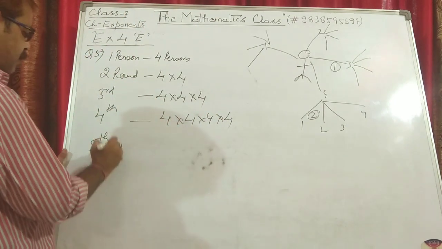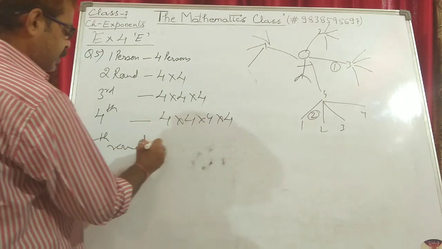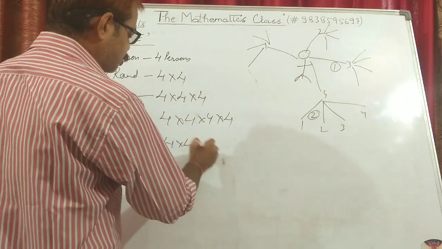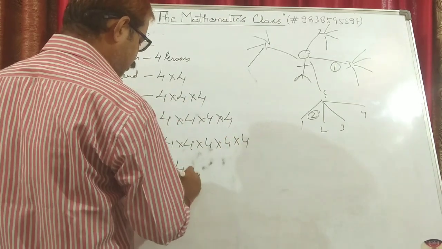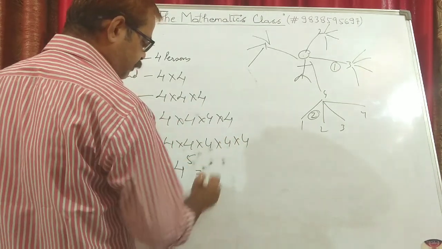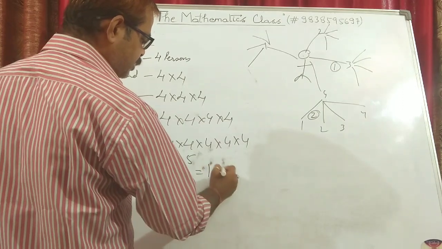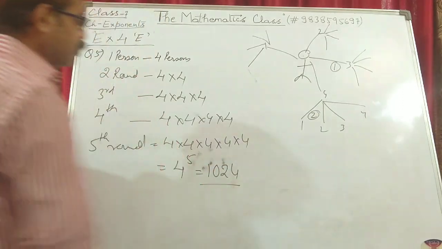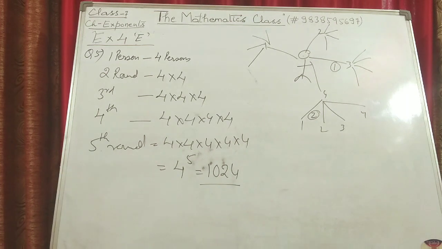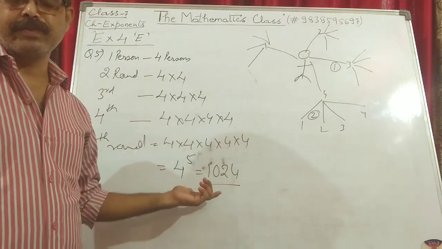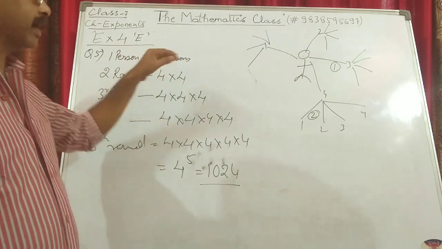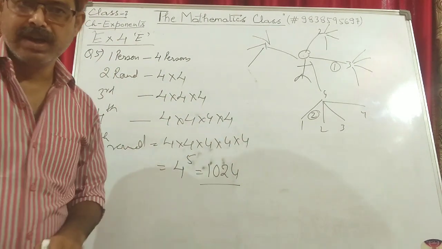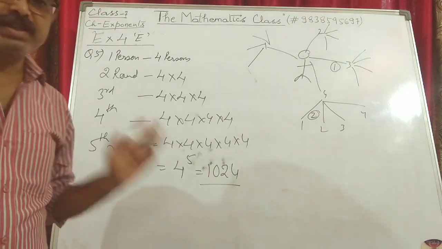So in fifth round, it will be 4 to the power 5, and we know that 4 to the power 5 is 1024. So there will be 1024 people contacted if one person is contacting 4 persons in one round. Now we move on to question number 6.